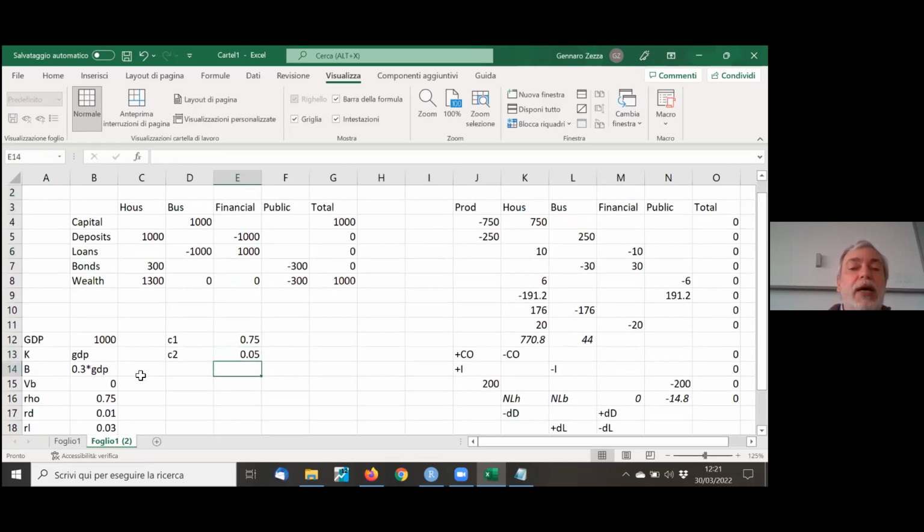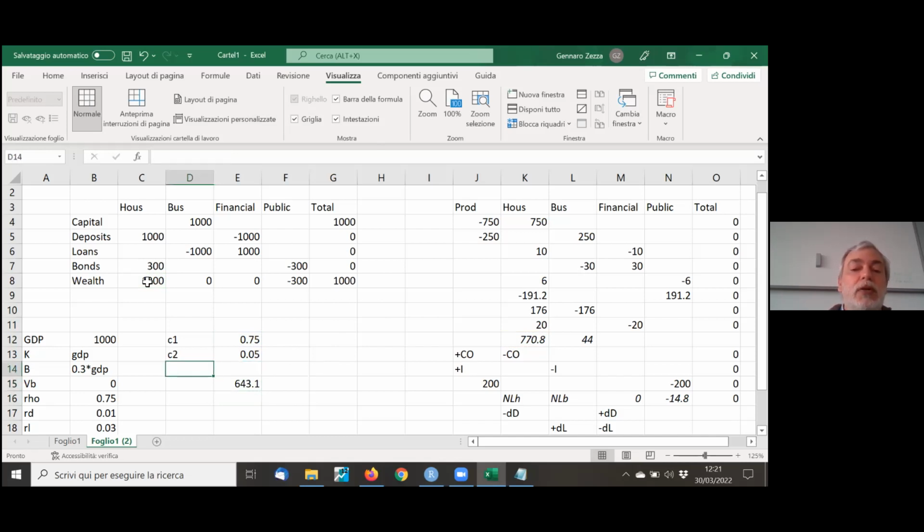So for our numbers, this implies 75% of the 770 plus 5% of this. There is something wrong here. Yeah, I have a plus. So not too far from what we want.